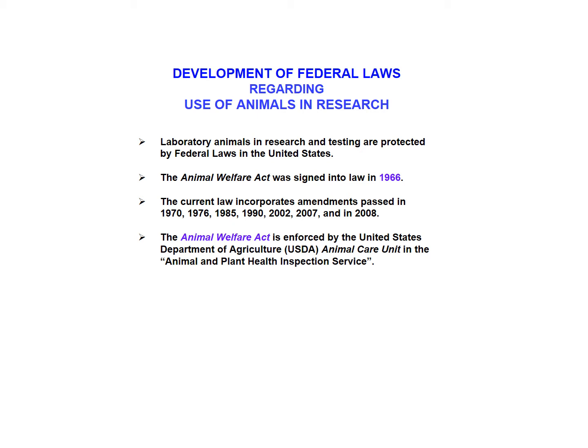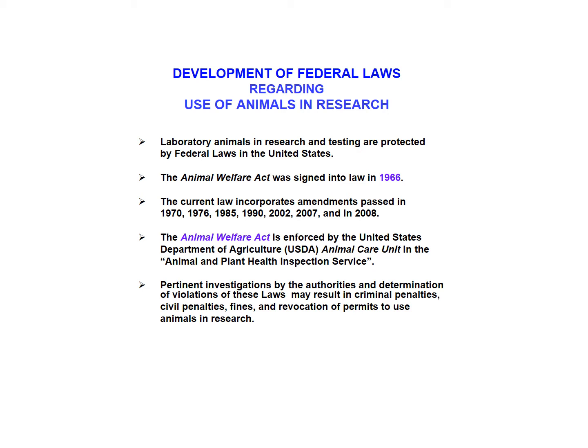The Animal Welfare Act is enforced in the United States by the Department of Agriculture, also known as USDA. There is a special unit in the department, the Animal Care Unit, which is part of the Animal and Plant Health Inspection Service.